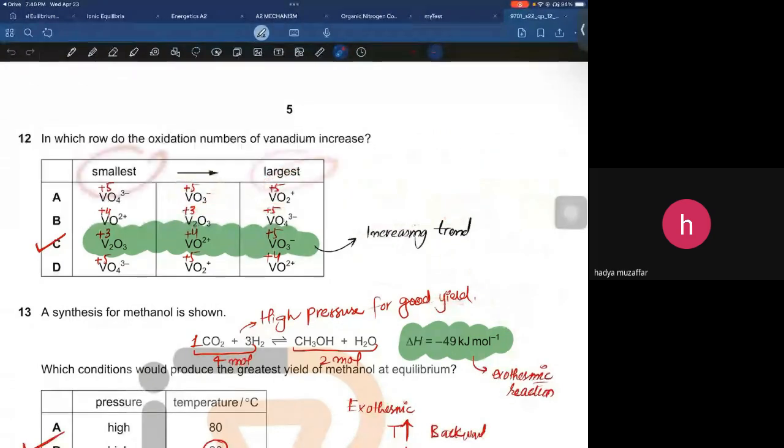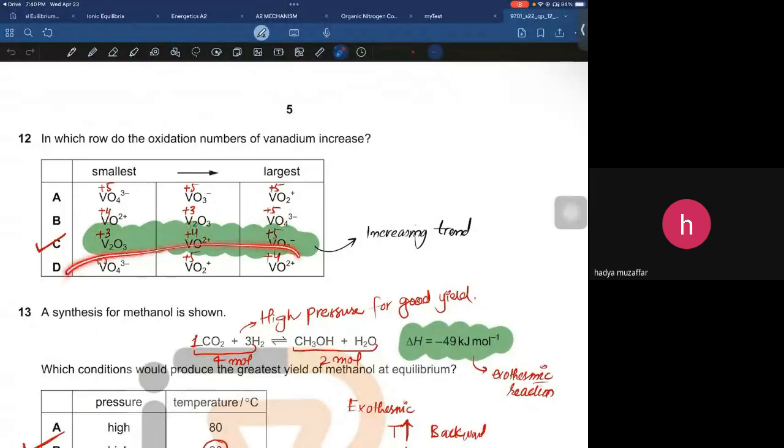Then I did the same thing for option B, the same thing for C, and the same thing for D. Once I solved C, I got to know that it's +3, it's +4, and it's +5. It's increasing. In D it's increasing and then decreasing.